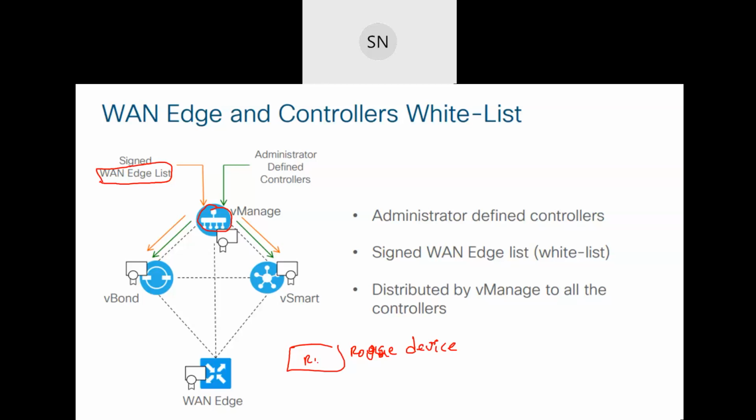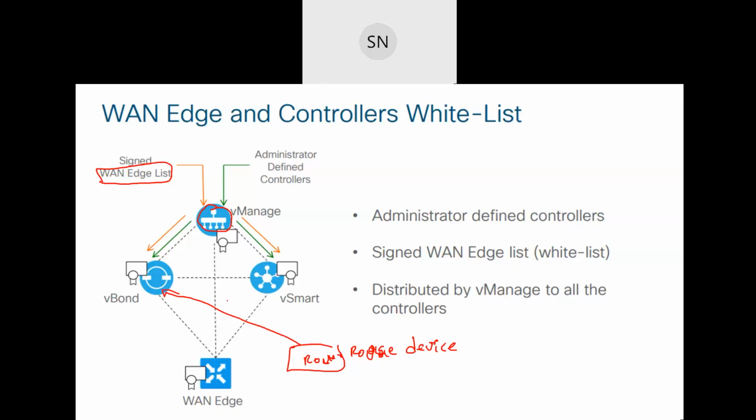Mutual trust should be there between all the devices: between the WAN routers, the vSmarts, the vBonds, and the vManages. Initially, who will validate this mutual trust? It's the job of vBond.